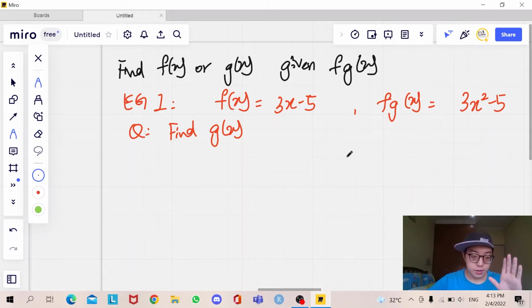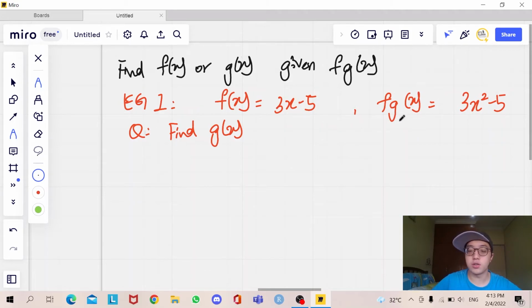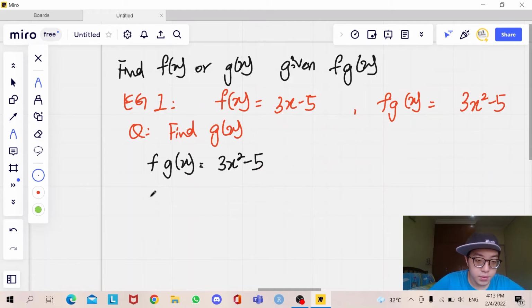All right, so in the first case here, to find g(x), if g(x) is the function that you are gonna process first, then it's gonna be easy. So from here we know that f(g(x)) is equals to 3x squared minus 5.